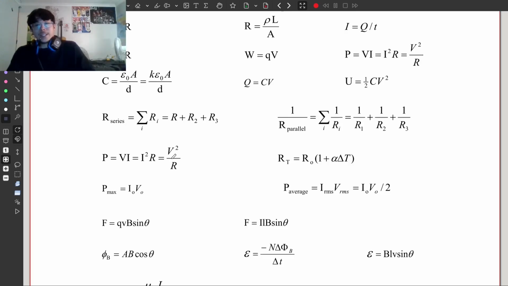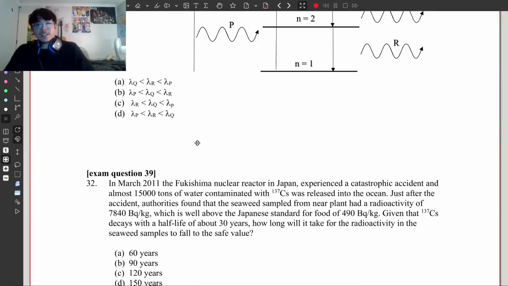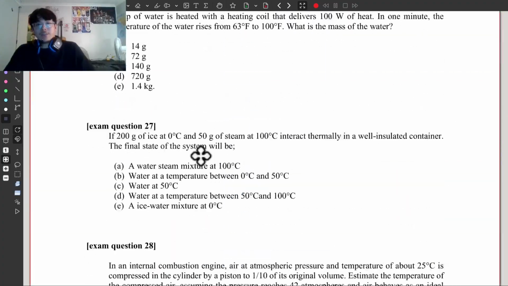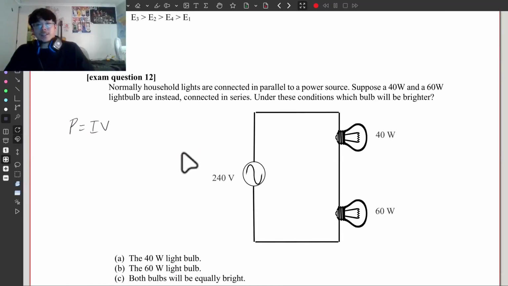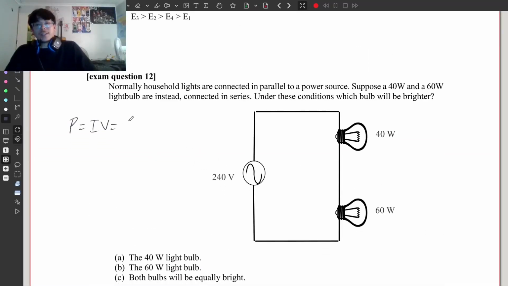By substituting in Ohm's law, we can get this expression that we would want. So P equals V squared on R. So let's say that this is light bulb 1 and this is light bulb 2. So the power in light bulb 1 is equal to the voltage squared over R1.